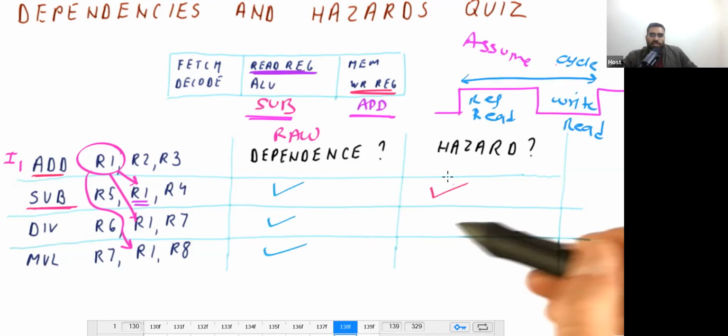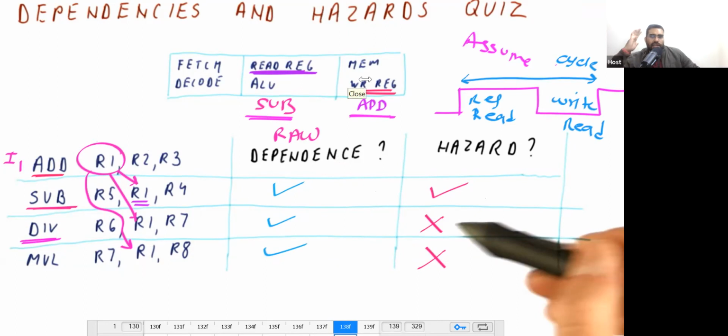So in this situation, this will be a hazard. But this will never be a hazard, correct? The reason is very simple. When division is reading the register, where is addition? That is already completed, it has already gone.